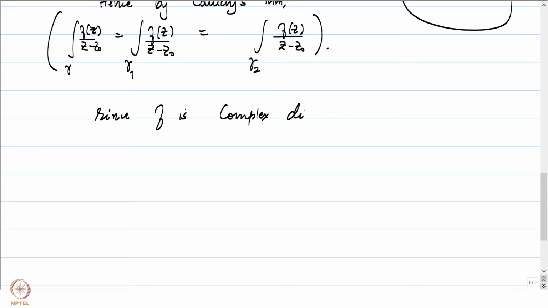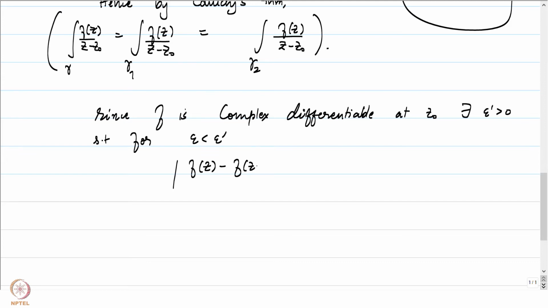Since it is complex differentiable at z naught, there exists an epsilon prime such that for epsilon less than epsilon prime, the absolute value of f of z minus f of z naught by z minus z naught is bounded by some positive m, for z on the circle of radius epsilon around z naught.